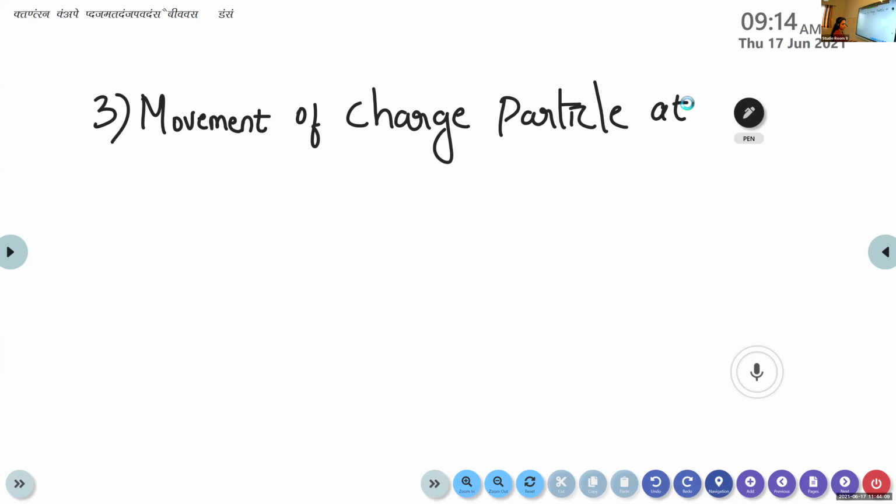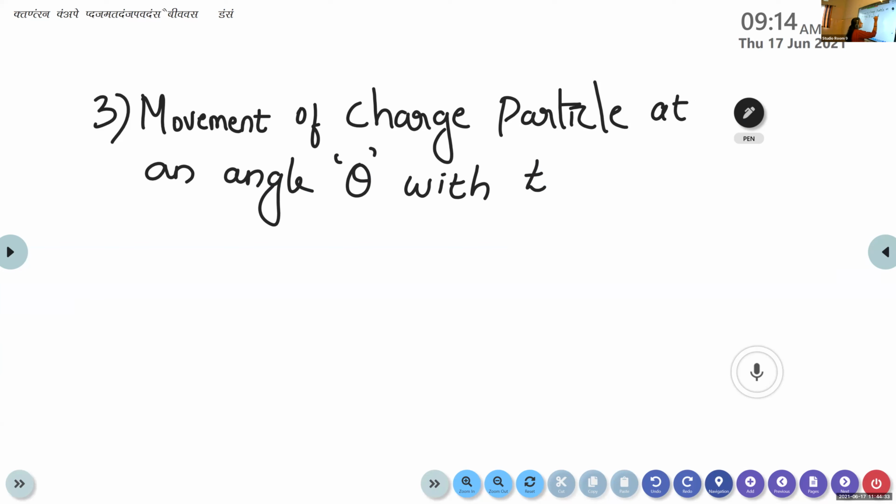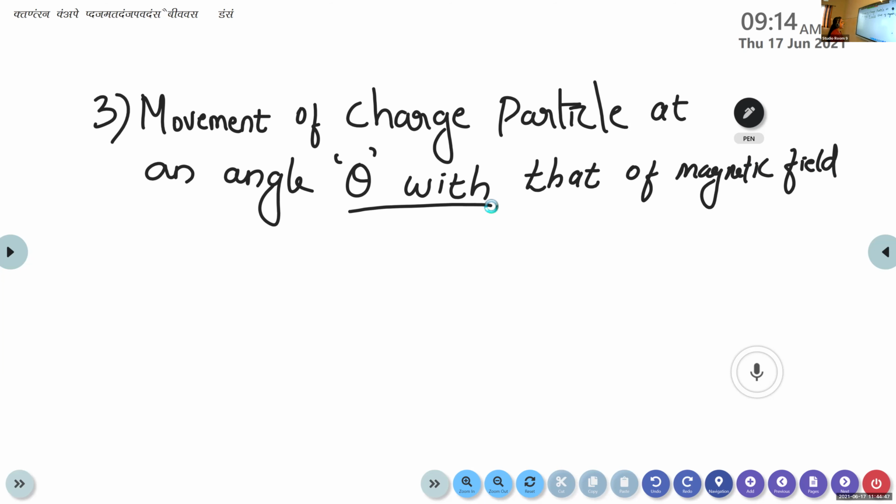All these equations are important. These are the conclusions. The third case: movement of charged particle at an angle theta with that of the magnetic field.